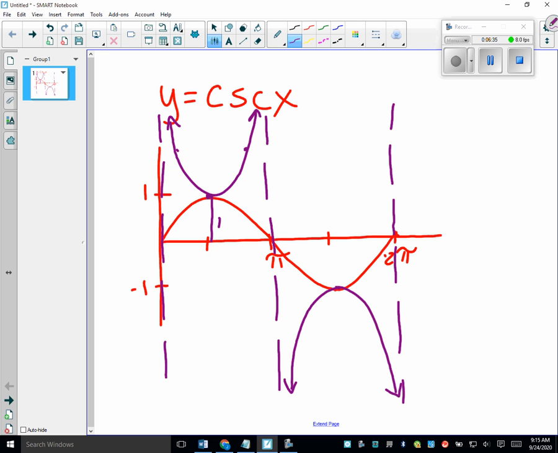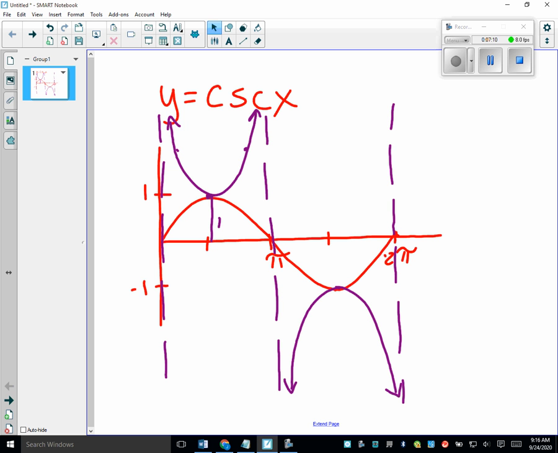There's no amplitude on cosecant because it kind of goes forever. It's how far away it is from the x-axis, so up and down.